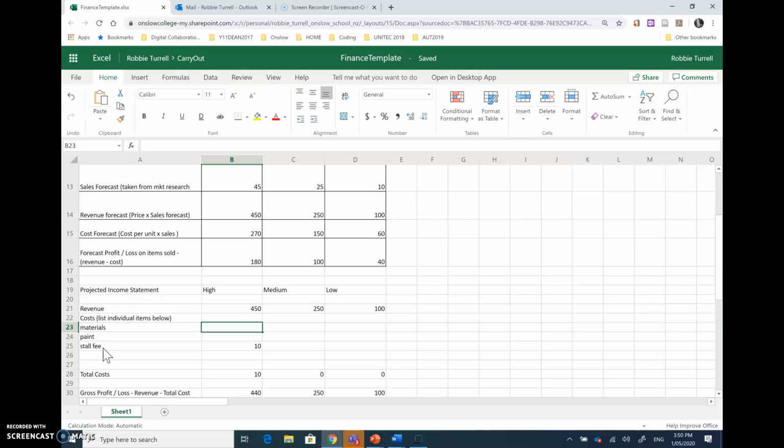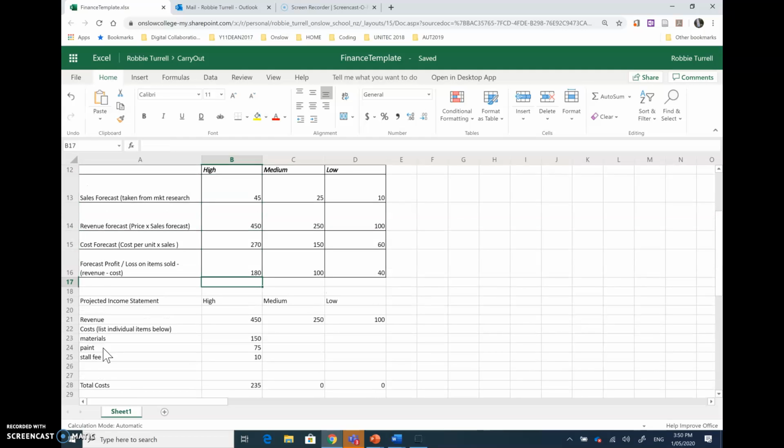But there might be other things, so just for argument's sake, I'm going to put these figures in. They're not necessarily accurate, but let's just say that overall we paid, I don't know, $150 for materials, and we paid $75 for our paint. So here we can work out total costs are going to be 235. This is completely different, so don't get it confused with this one.